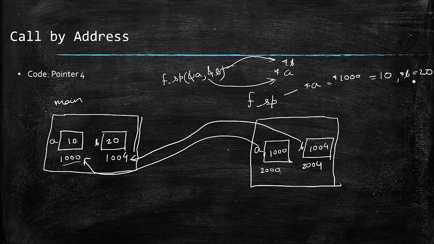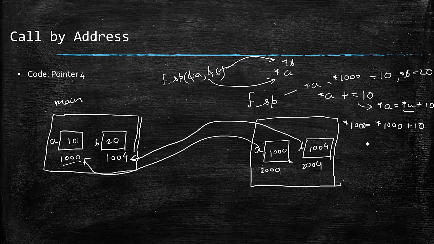Then we are performing *A += 10. This will be evaluated as *A = *A + 10. Now *A means *1000 plus 10, and where will it be stored? It will be stored in this location.